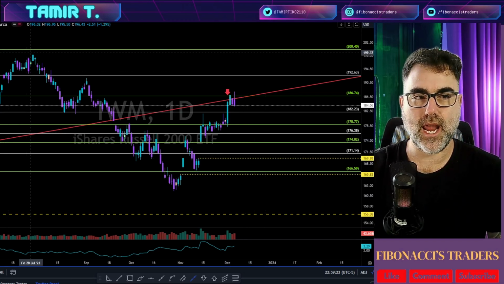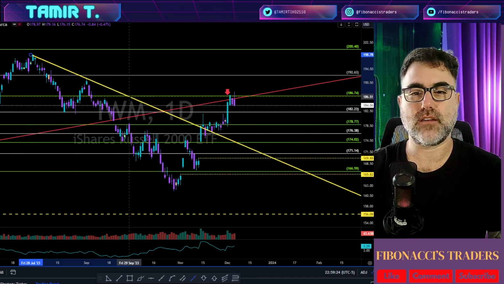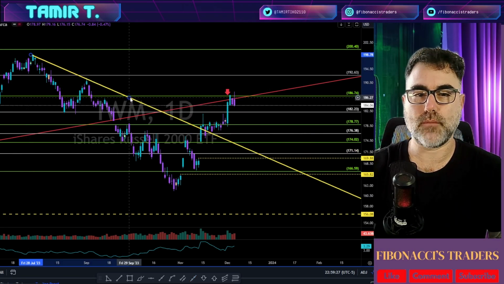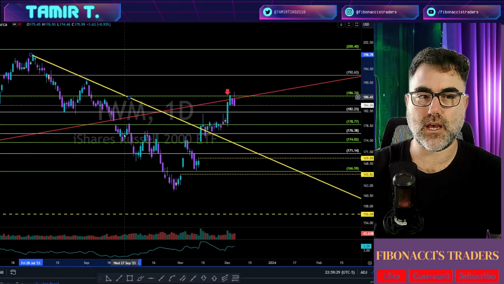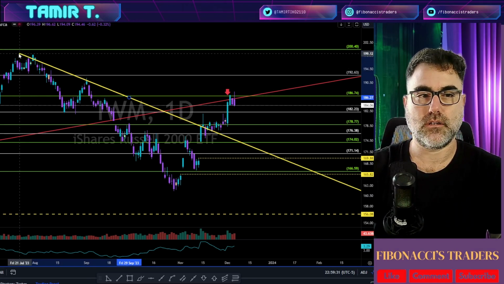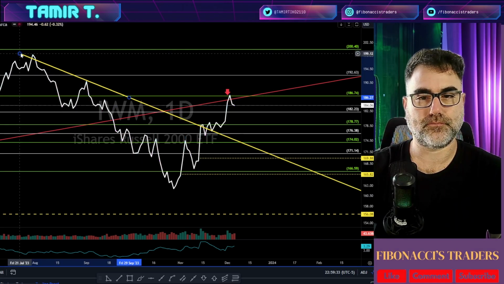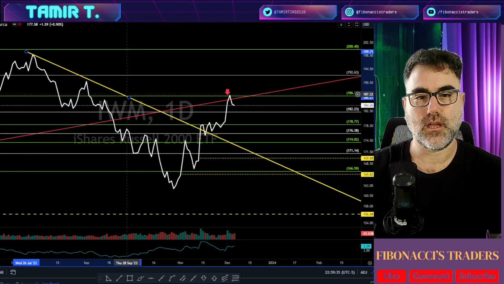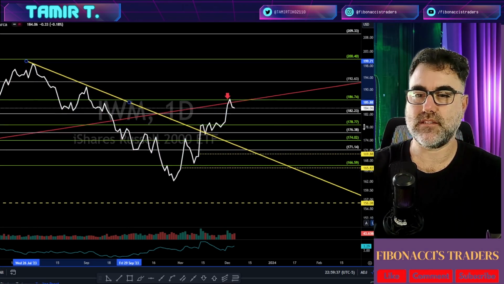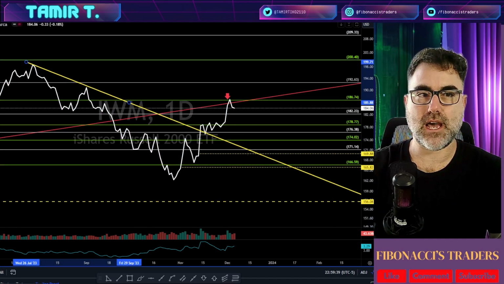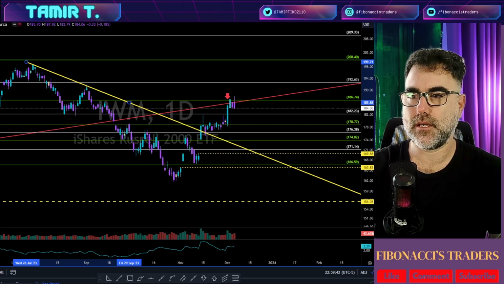We know that more than 85% of all gaps will get filled throughout time. And here you have the massive broadening formation for IWM.